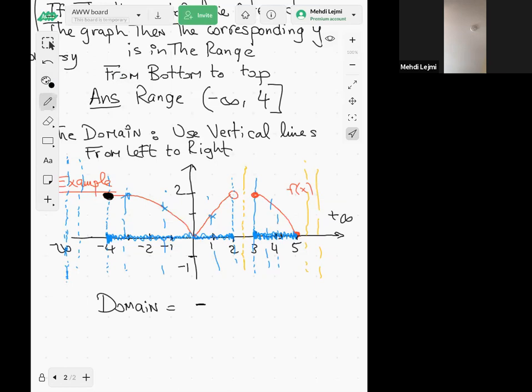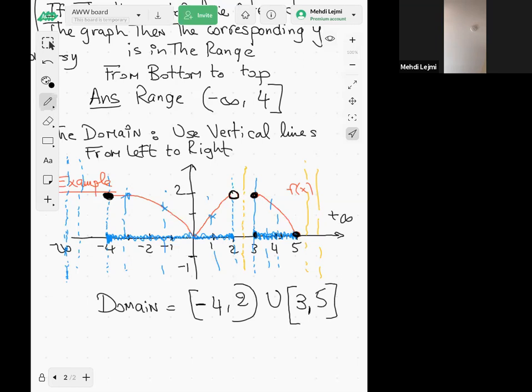So -4 is included from -4 to +2, but +2 is not included because you have this empty dot at +2, right? So +2 is excluded, union, and then you have intersection again at 3, as we said. 3 is included because this is a full dot. So 3 included to +5. +5 is also included, right? Because it's a full dot at +5. So that will be my domain.